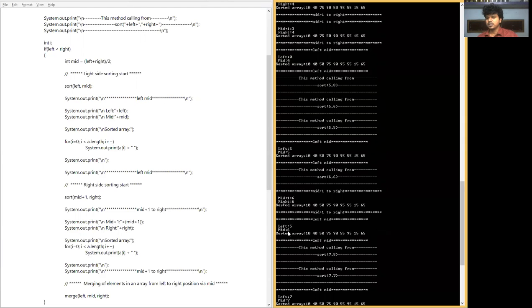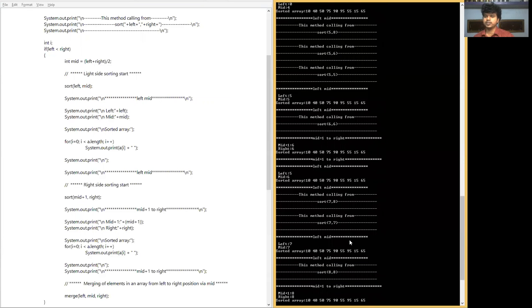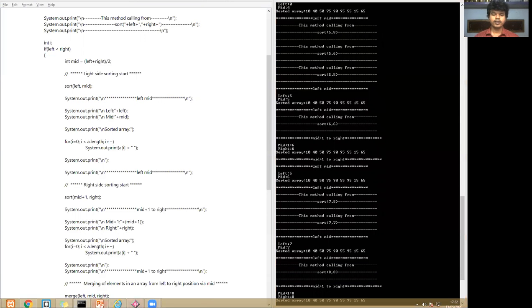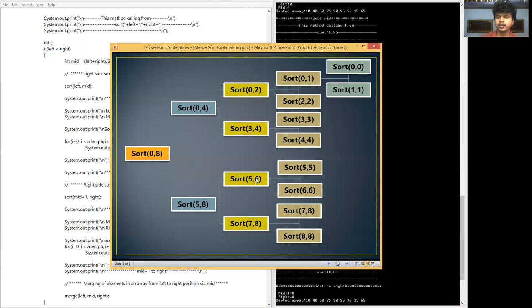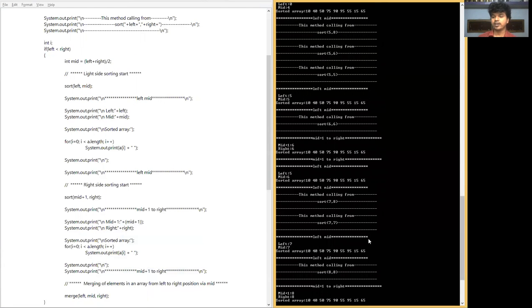So after applying the sorting technique, 55 takes the position of 95, and 95 takes the position of 55. So those are going to be exchanged in the right side area of the entire array. Here you see. Then here 5, 6 is over, and now 7, 8. That means the right side area of 5, 8.